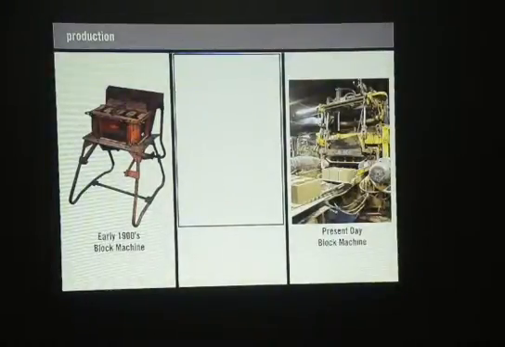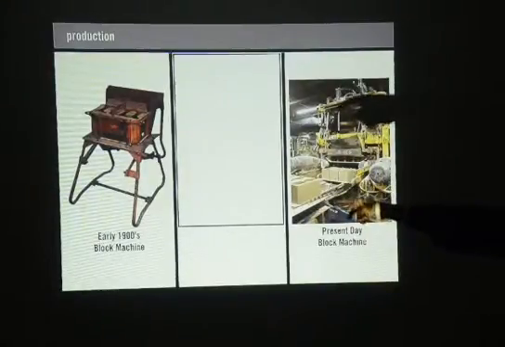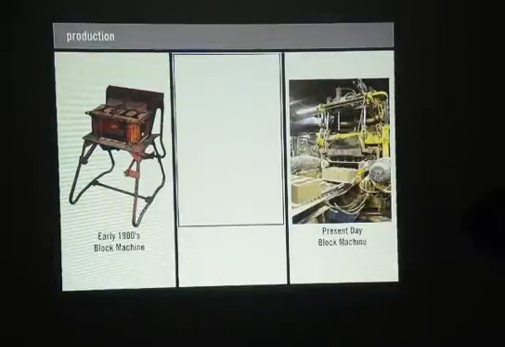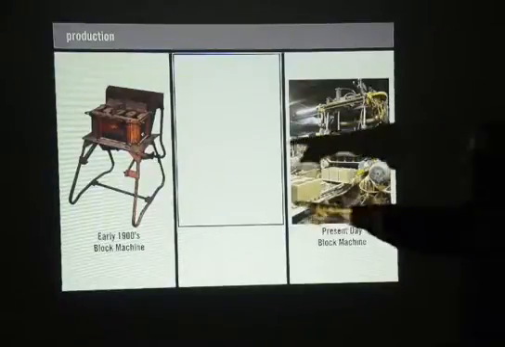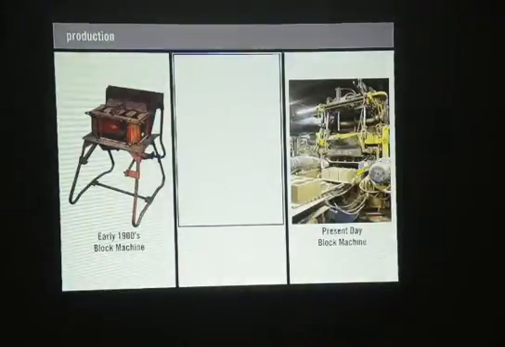Okay, now we're going to go into production. This was a hand-cranked unit back in the early 1900s. I am told that, believe it or not, Sears, when they were known as Sears and Roebuck, sold these units. So what was the production of the Sears block?